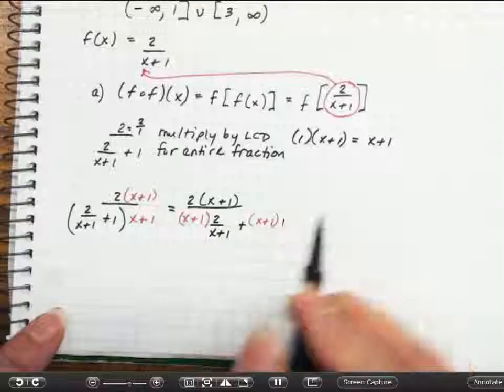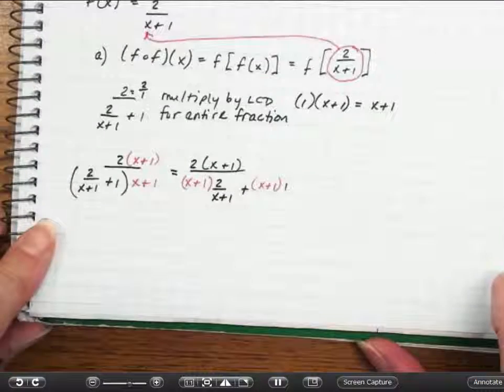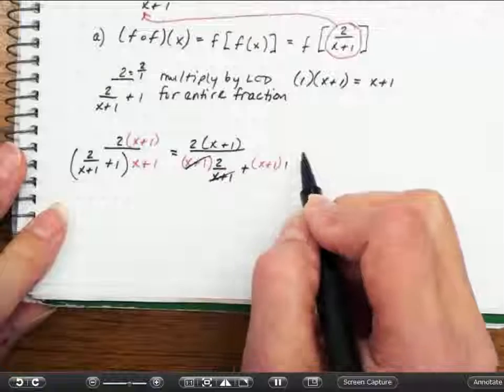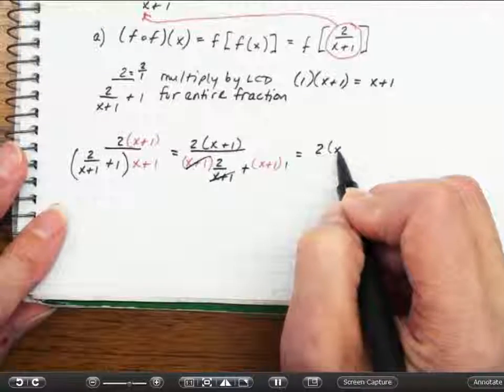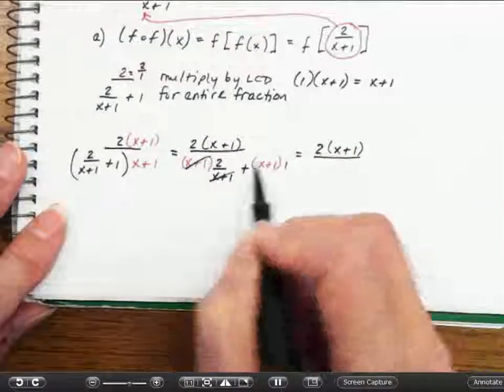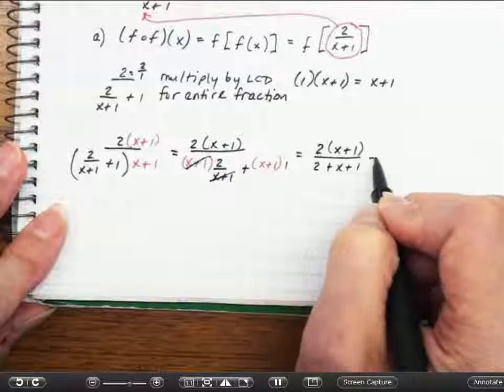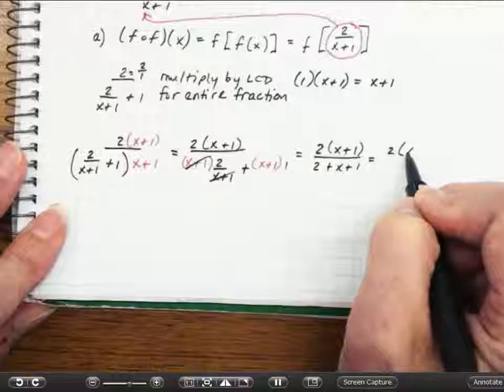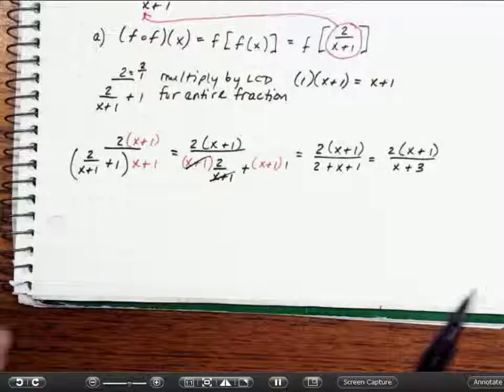So you're multiplying every single term in your complex fraction by your LCD. That's the goal. So in the numerator, we should have 2 times x plus 1. In the denominator, we're going to end up with 2 plus, simplifying, numerator, 2 times x plus 1 over x plus 3.